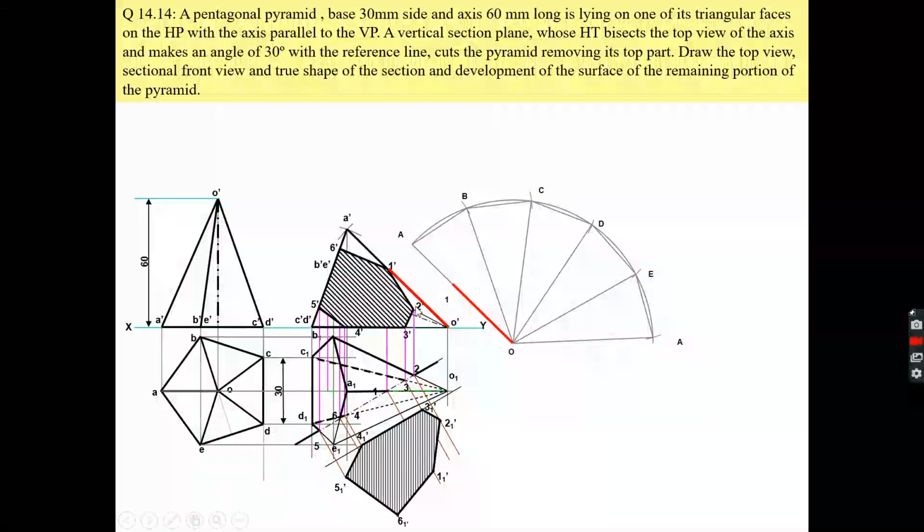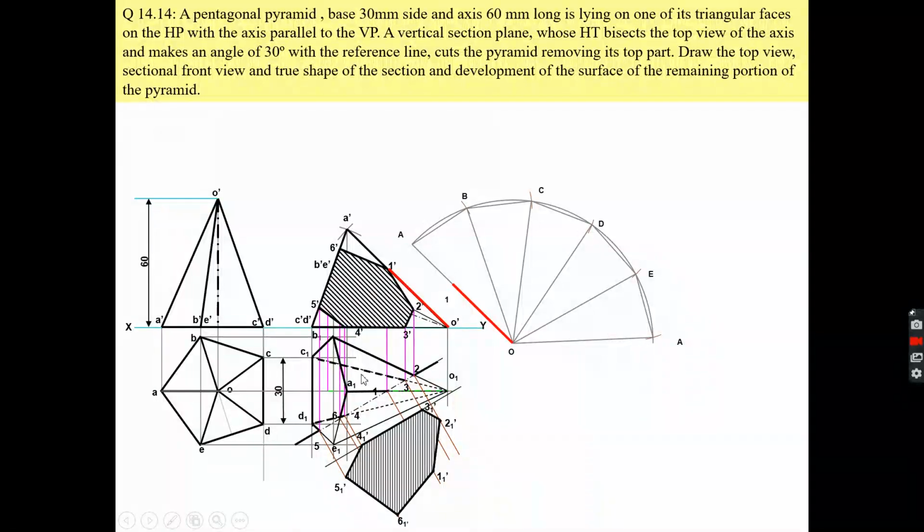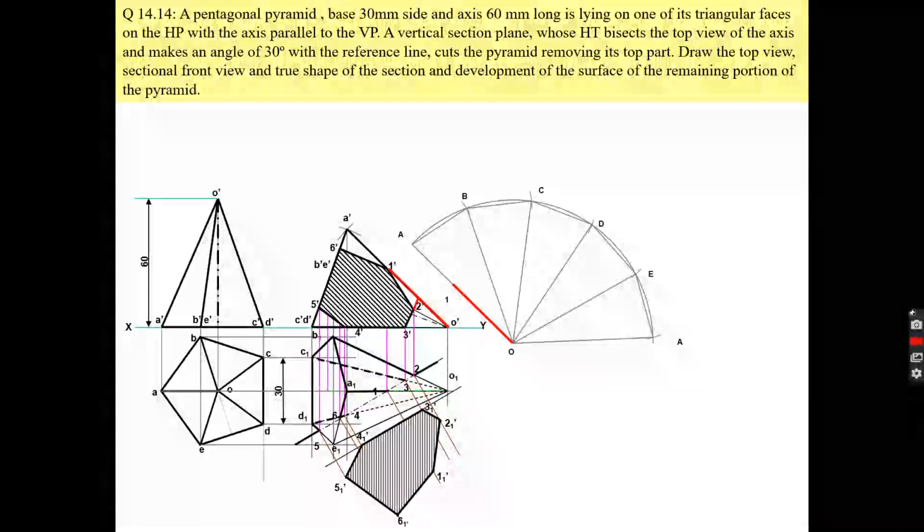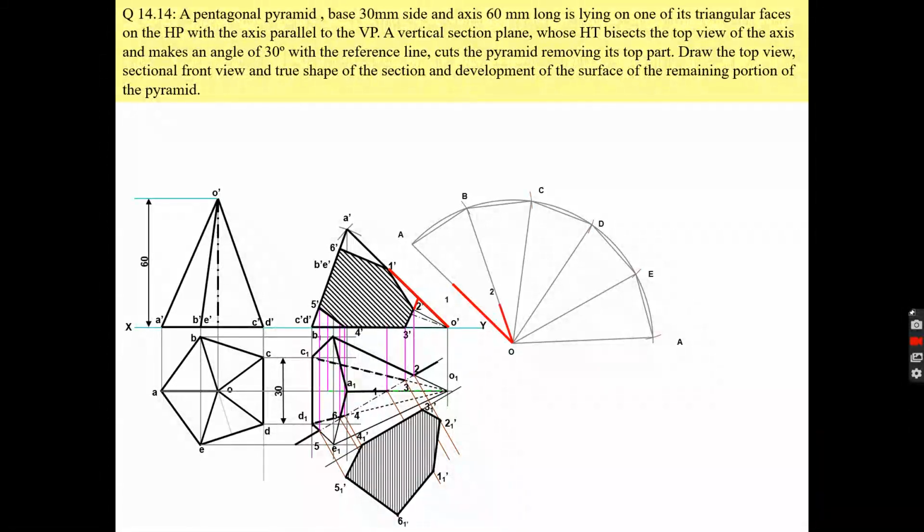After doing that, these other points are not on the true slant edge. Okay, so first you have to mark these points on the true slant edge like this, and after that you can easily measure the distance of these points as I discussed in the previous question.